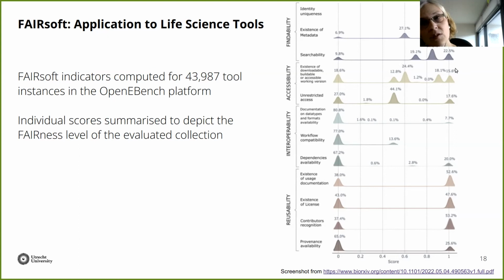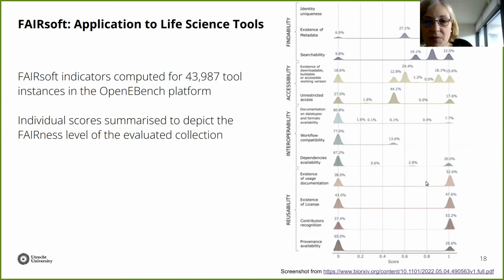Accessibility is also quite good for a lot of tools, although there are some which are not so accessible. And for interoperability and reusability, the picture is very mixed. But this is completely in line with our experience that interoperability and reusability are also more difficult to define.